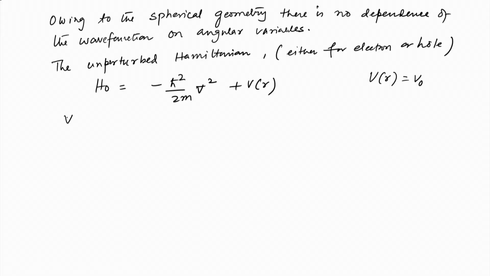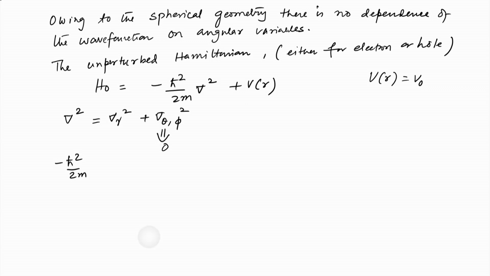In principle your del square contains del r square and a del theta phi square, but since the wave function does not depend upon theta and phi, we can put that equal to 0. So, this del r square has a form which we are going to write here.